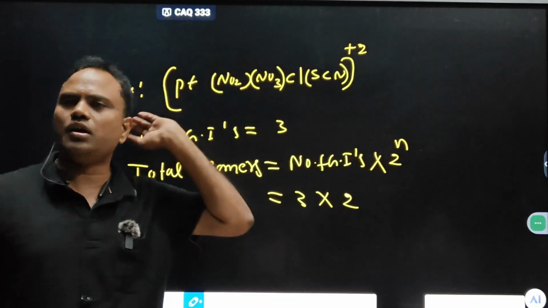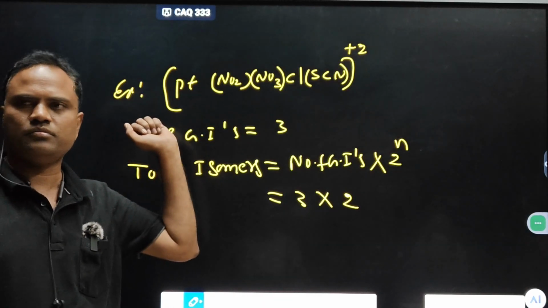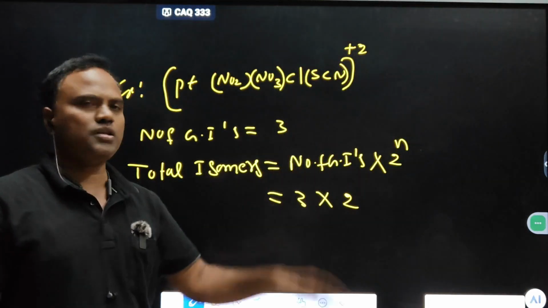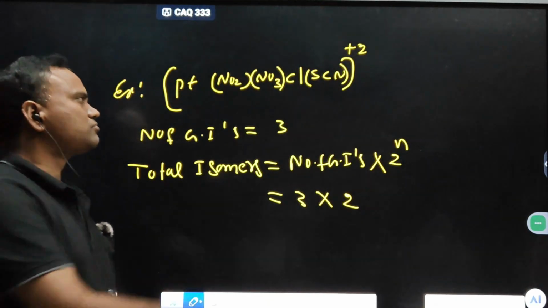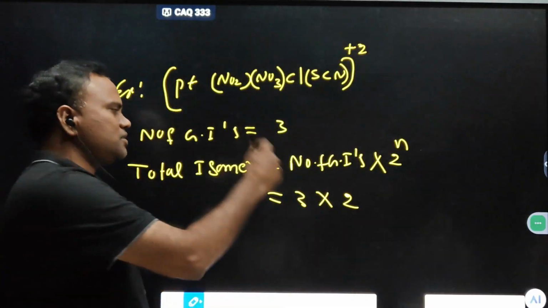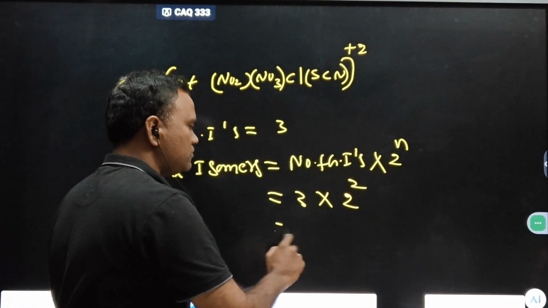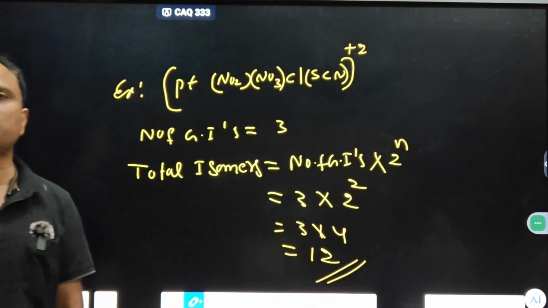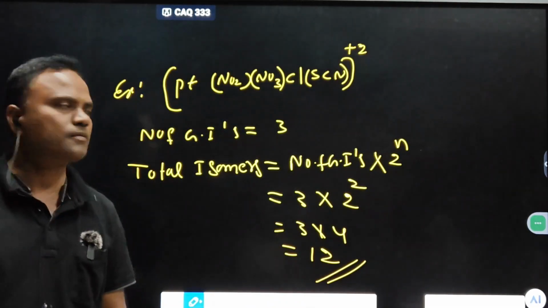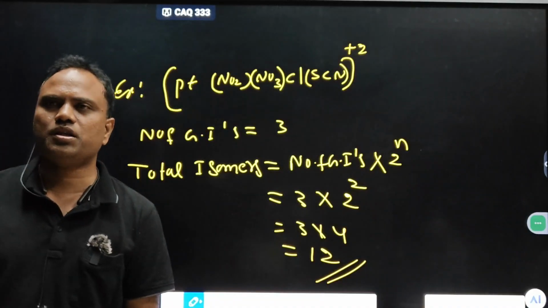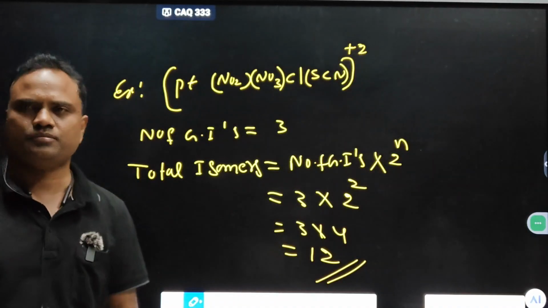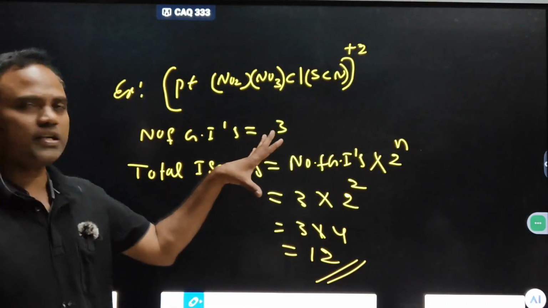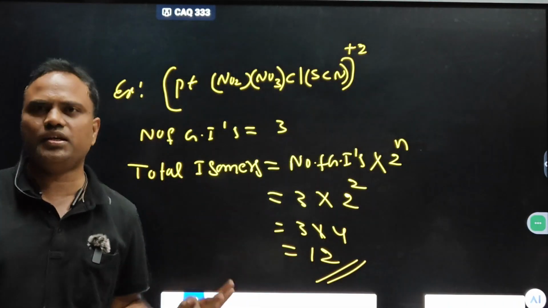You tell me, in this how many are ambidentate? NO2 is an ambidentate ligand. SCN is an ambidentate ligand. NO3 is not ambidentate. Cl is not ambidentate. So 2 to the power 2. So 3 into that is equal to. Okay, once correct that, online students, please correct that. Did you correct? Not plus, that is into. Okay, by mistake I gave that. Simple questions will do. Okay, but this question didn't come in the NEET.